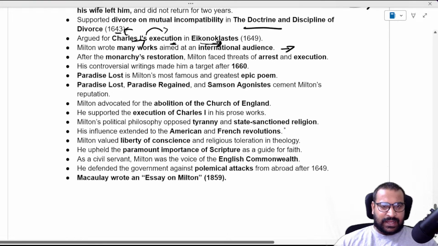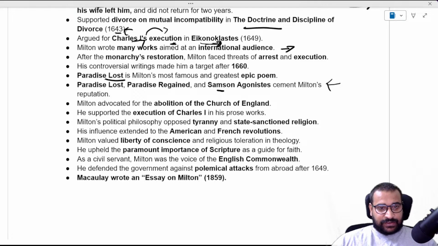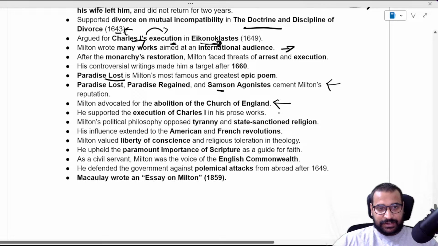And then in his later career, he wrote Paradise Lost, Paradise Regained, and that is what cemented Milton's reputation as a great poet. Milton advocated for abolishing the Church of England, very important, and he supported the execution of Charles the First in his prose work.